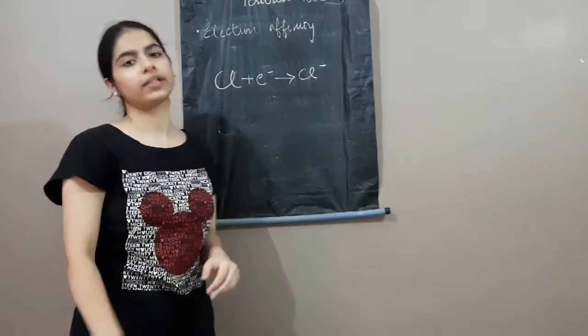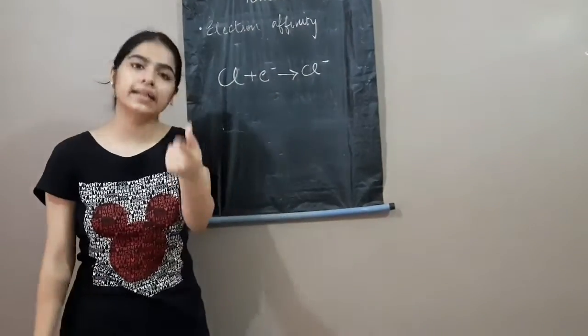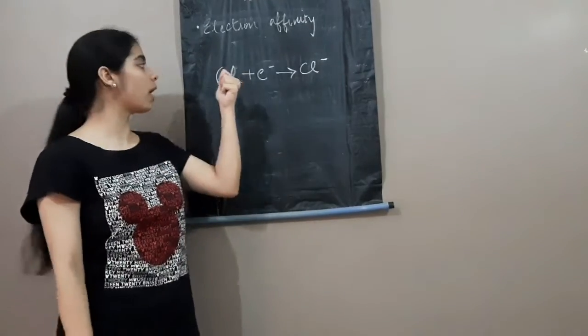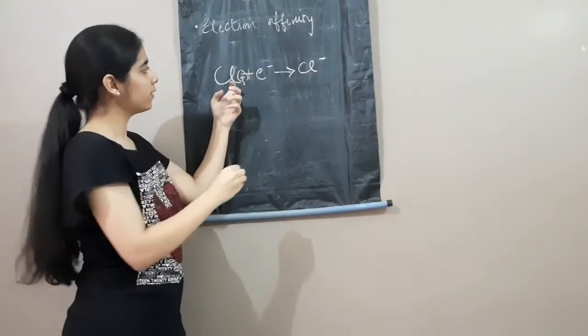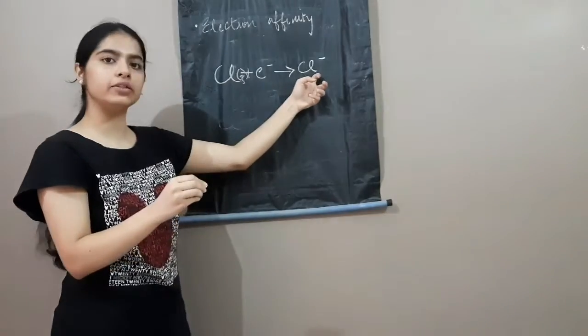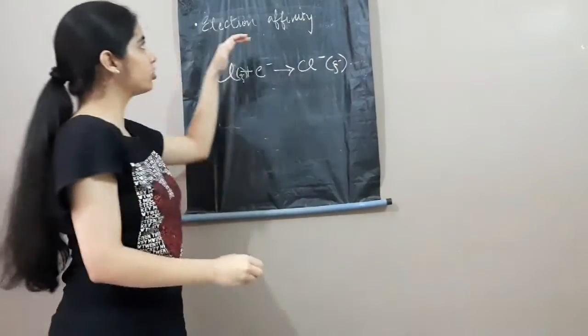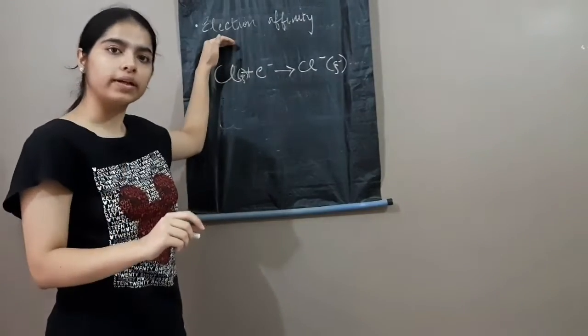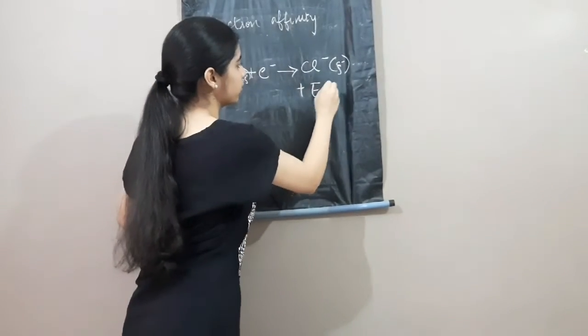So that is what electron affinity is: the energy released to convert a neutral isolated gaseous atom to a negatively charged ion. The energy released is called electron affinity or electron gain enthalpy. So we mentioned it over here.